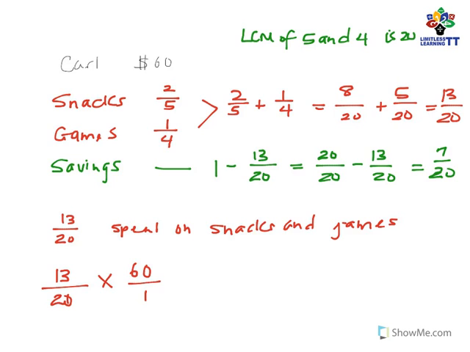The factor that can go into both of them, the highest one would be 20. So 20 divided by 20 is 1. And 60 divided by 20 gives me 3. And so 13 times 3 is going to give me 39. And again, we're talking about money spent, so I put in my $ sign. So the amount of money that was spent on snacks and games would be $39.